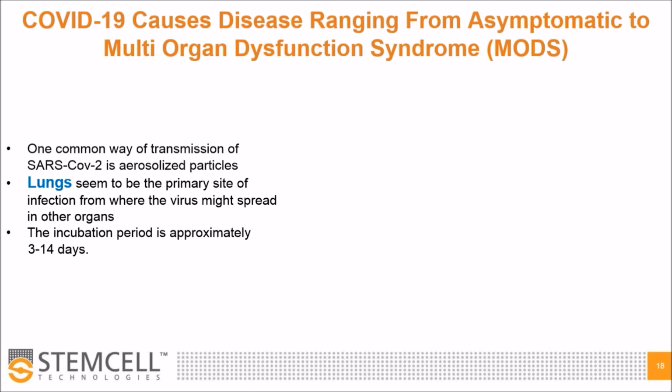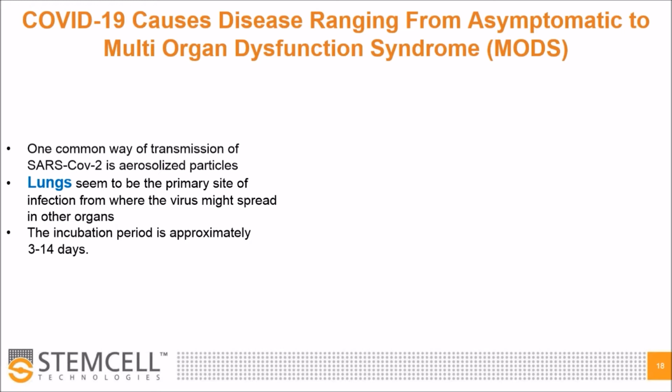Although it seems that the lungs are the most affected and targeted epithelia by the virus, it's becoming clear that perhaps the effect on other epithelia has been underreported and may need further investigation.